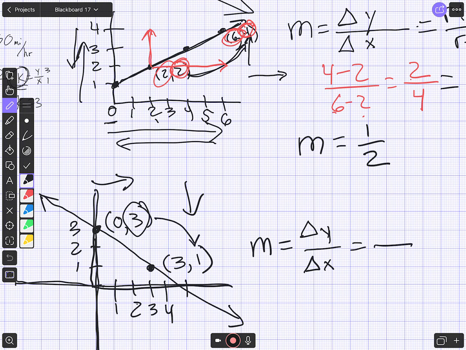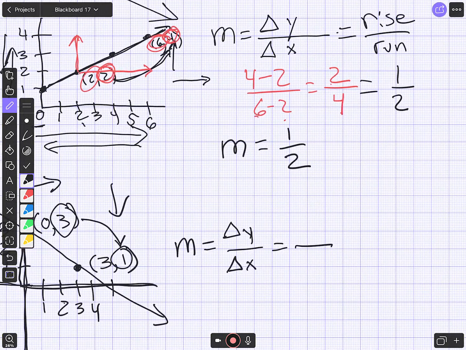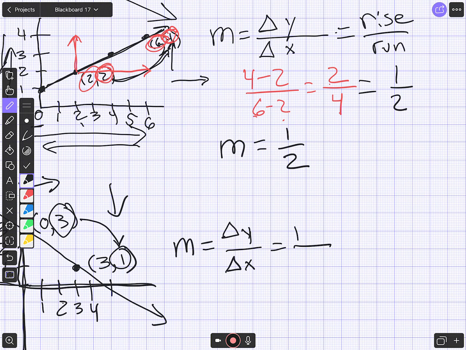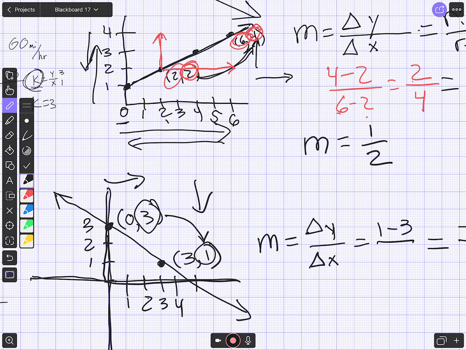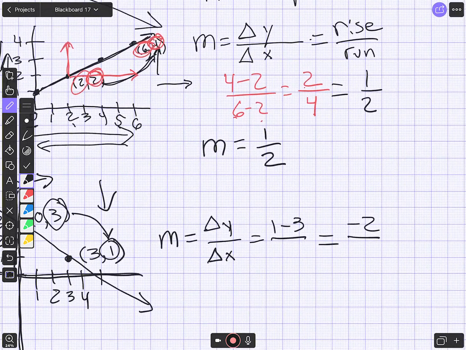I'm going to represent that by taking the second number, 1, and subtracting the first number, 3, to get the change. That would be 1 minus 3. Now we're going negative. That's weird, but that's what it says, and hence we have a negative slope. If the line's going down from left to right, your number should be negative.